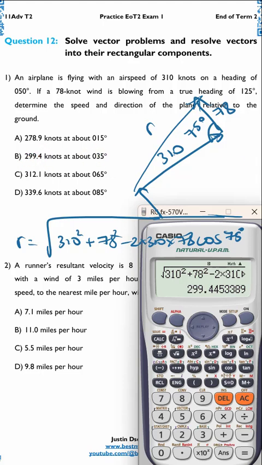And now easily we can find that's the correct answer. But how do we find the angle? Now we know this resultant is 299.44. We can use the law of sines. The law of sines is, if you have sine, say this angle 75 degrees, the opposite side must be written down, 299.44.